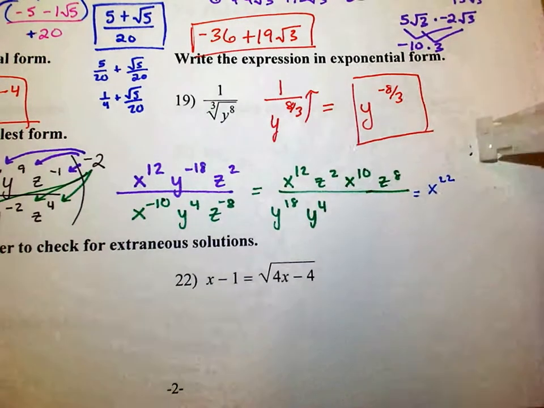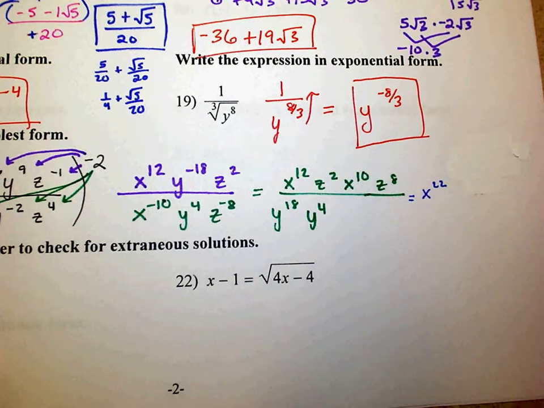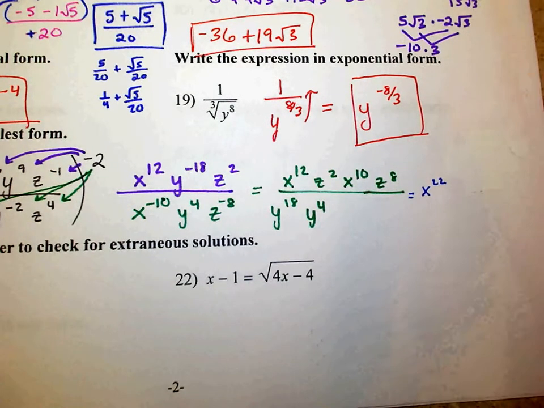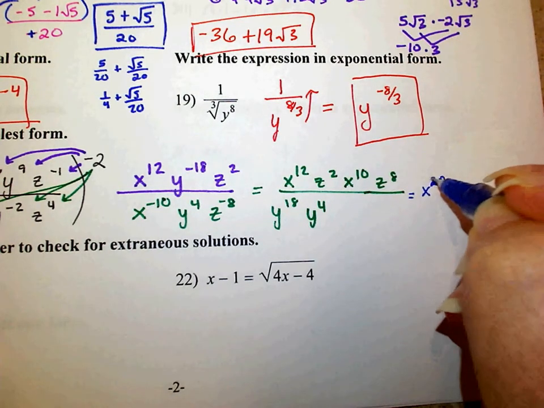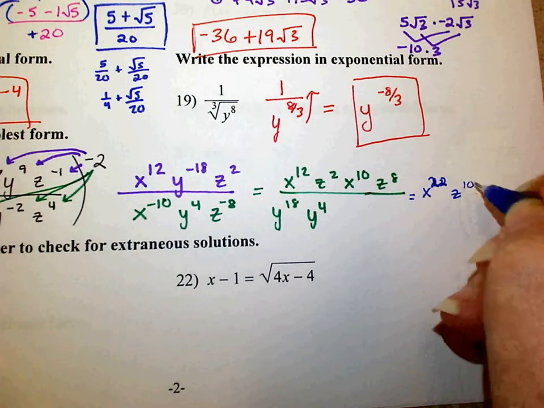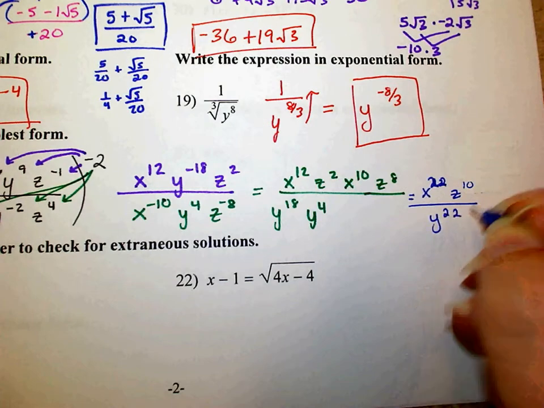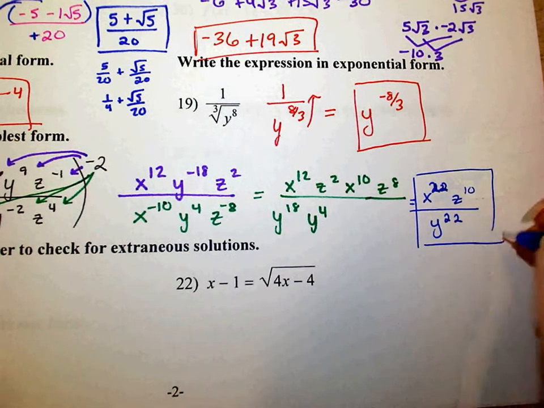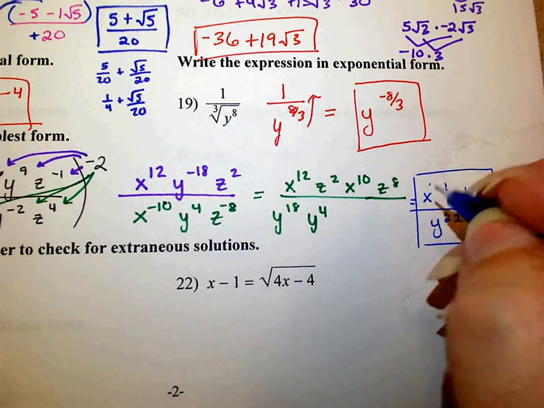Z to the 2nd and z to the 8th is z to the 10th, 2 plus 8, and then y to the 18th and y to the 4th, that's y to the 22nd. So my answer is x to the 22nd, z to the 10th, over y to the 22nd. Okay?